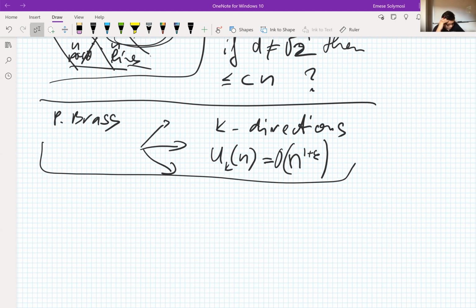Probably this was a much nicer dependence on k, so k grows and still the number of unit distances is linear. But I have to check. I also have to admit that I have never seen this paper. I just saw references for that.